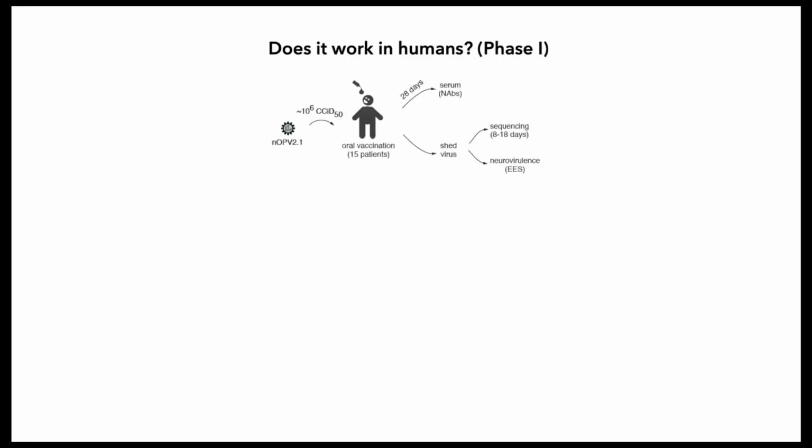Now, it was a big question because this virus was actually attenuated and immunogenic in preclinical models like in mice, but the big question was whether this would work in humans. And so a phase 1 clinical trial was conducted where a few patients were given oral vaccination with this new vaccine, and virus shedding was studied and also an increase in neutralizing antibody titers was observed.